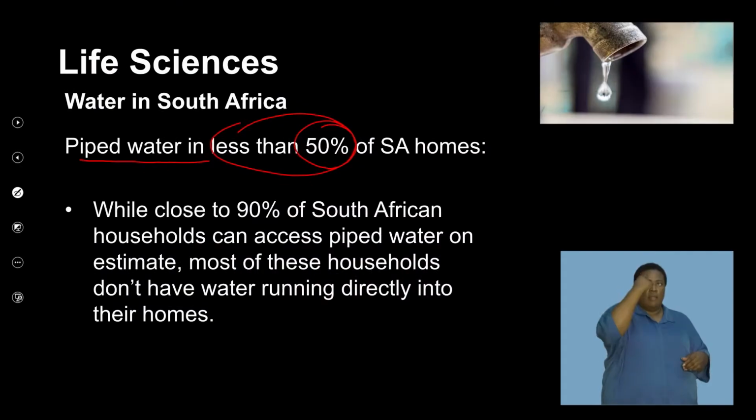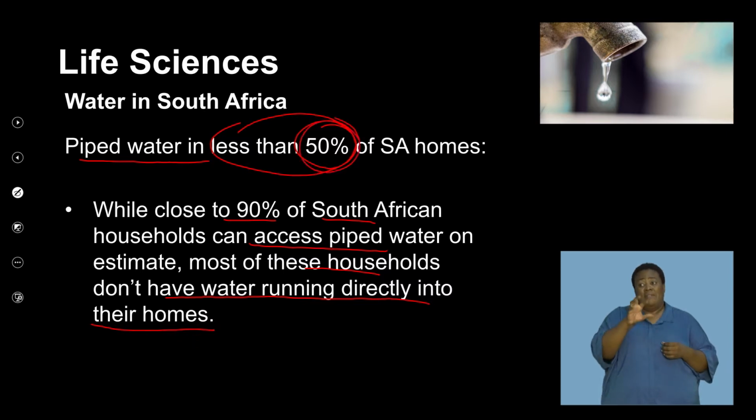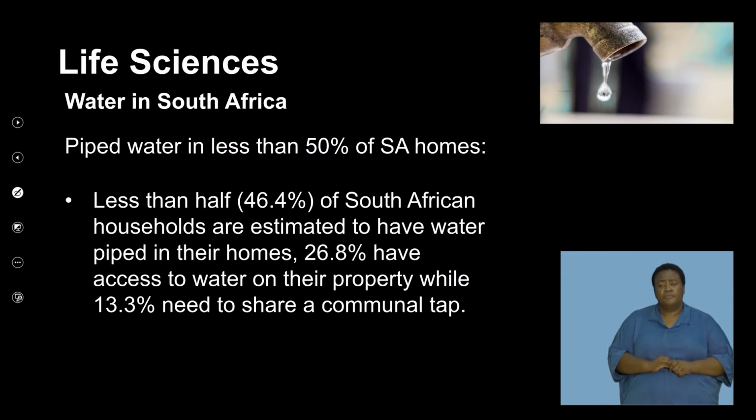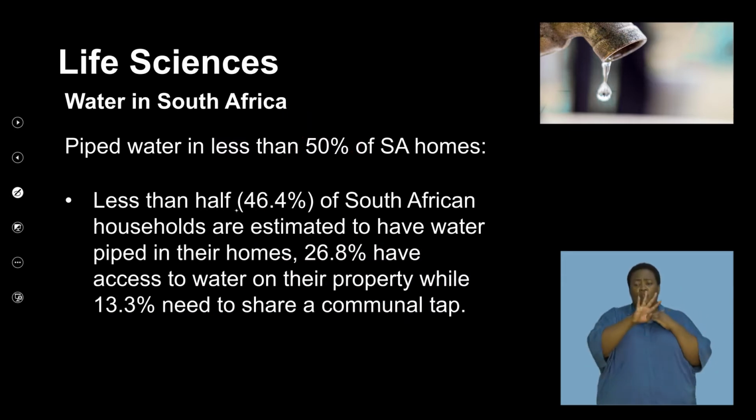While close to 90% of South African households can access piped water, most of these households don't have water running directly into their homes. That is the 50% I referred to. It's important that we consider that in terms of the availability of water to people. Less than 46.4% of South African households are estimated to have water piped into their homes.